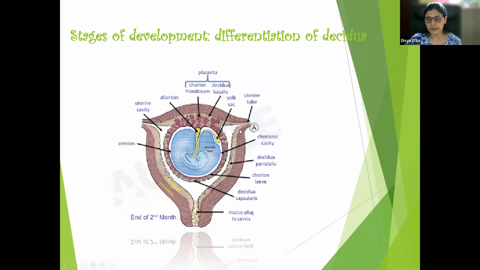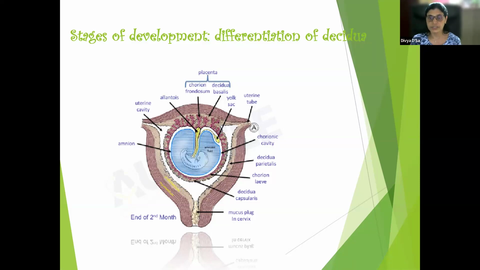Whereas in all the other parts of the endometrium, the sides other than where implantation has occurred, the decidual change we call the decidua parietalis. The rest of the outside endometrium is called the decidua parietalis.